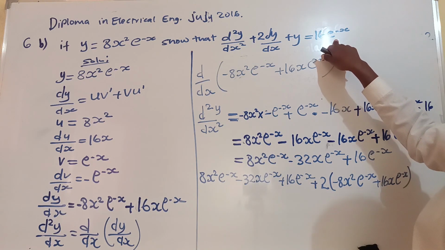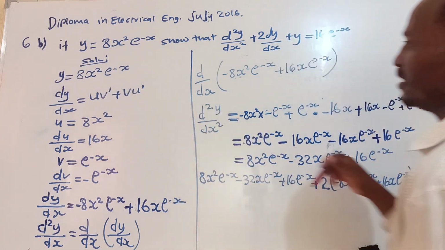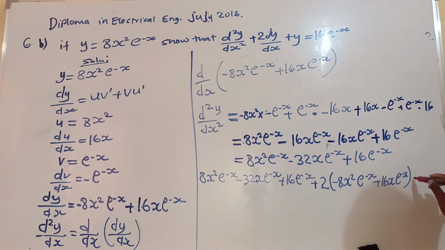Where is our y? This is our y, 8x squared exponential negative x.